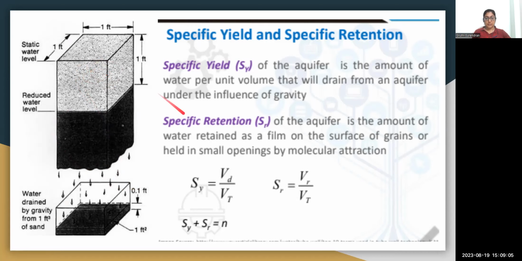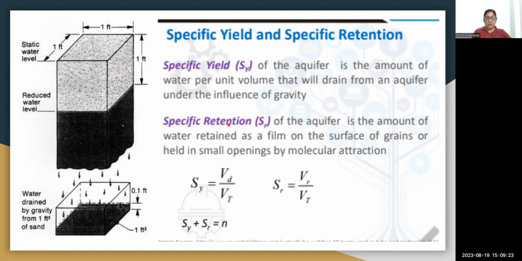It is given by the volume of water that is retained by the soil to the total volume of the aquifer material. And the sum of the specific yield and the specific retention is equal to the porosity of the aquifer material.